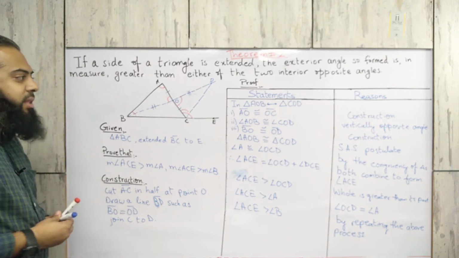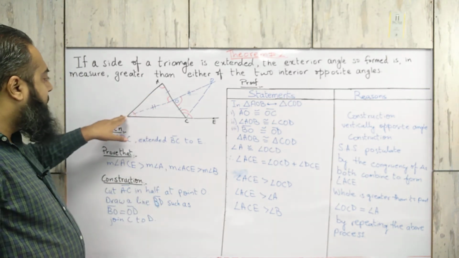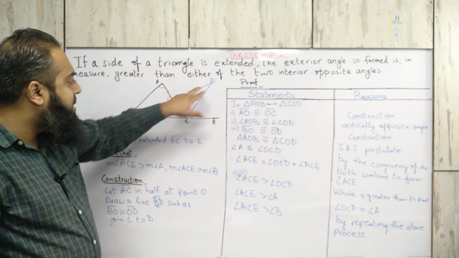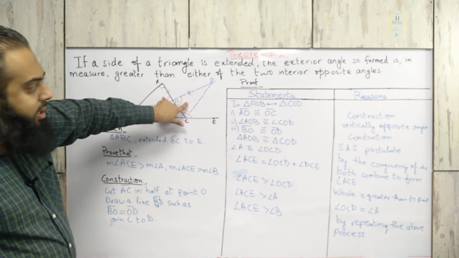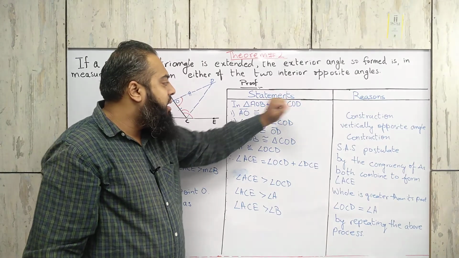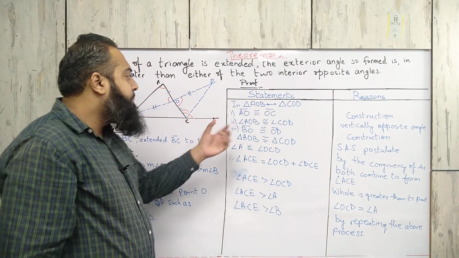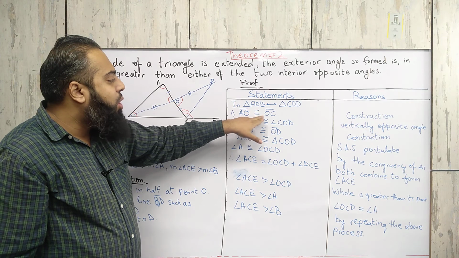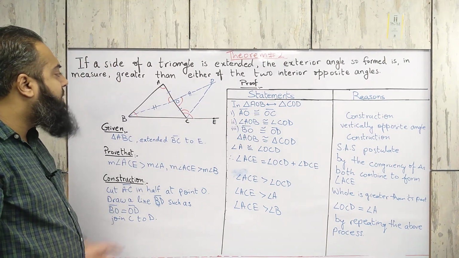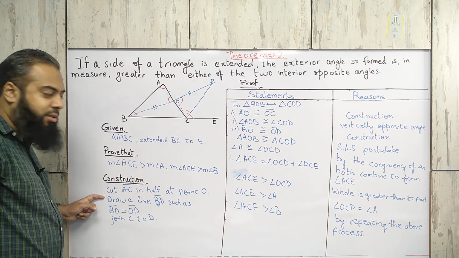Now after doing that, we have two triangles, triangle AOB over here and triangle OCD. We are going to take these two triangles in correspondence, and if we take triangle AOB in correspondence with triangle COD, we can clearly see that AO will be congruent to OC, as both of them are equal in length. We have mentioned that in our construction.